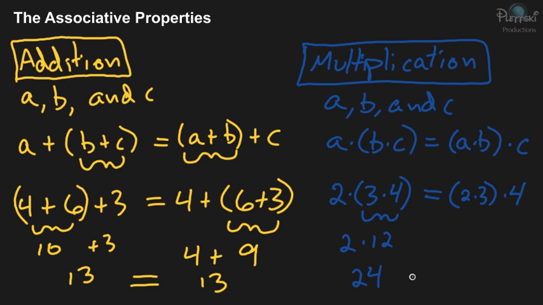And you should get the same thing when you multiply the 2 and the 3 first. So if you multiply the 2 and the 3 first, you get 2 times 3, which is 6. And then you multiply by 4. So 6 times 4 will give you 24. So you see, it doesn't matter what order you multiply things in.